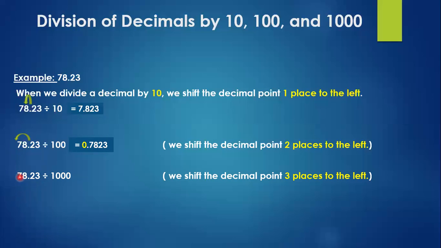We have inserted one 0 for that place. So we will get the answer here 0.07823. Okay. So this is the division with 1000. Let's move further.